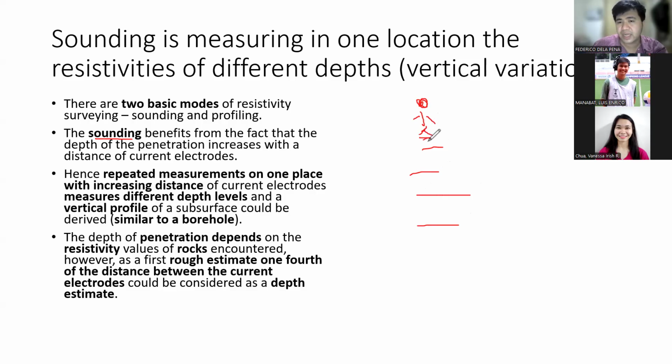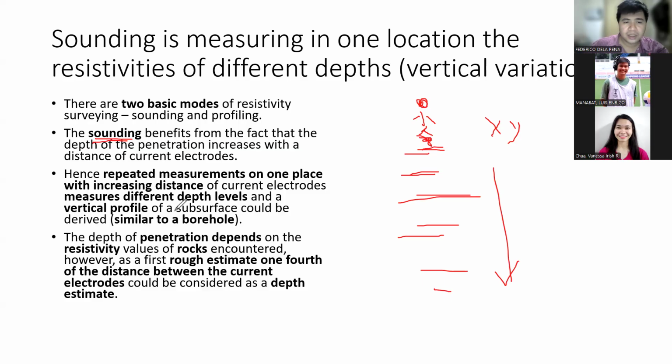So you're just trying to measure a single location on the ground, like you just have an XY coordinate. What we're trying to do with sounding is measure the apparent resistivity of the shallow and then the deeper and deeper parts of the ground.